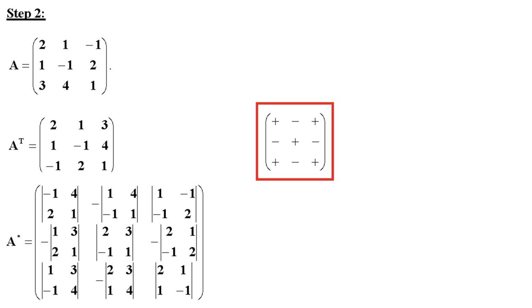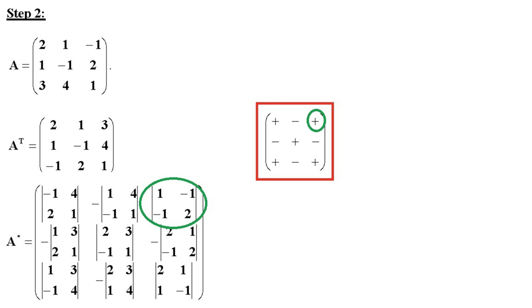So for the second element of row 1, the sign associated is minus. So write down the sign associated, and the minor of that element is 1, 4, minus 1, 1. And for the third element of row 1, sign associated is plus, and then write down the minor of that element.